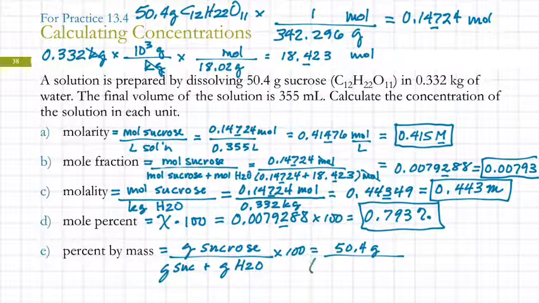We're going to divide by that mass plus the mass of water in grams, which was 332 grams, times 100.